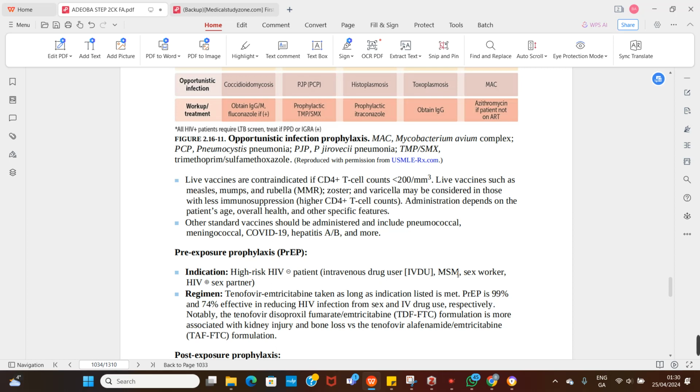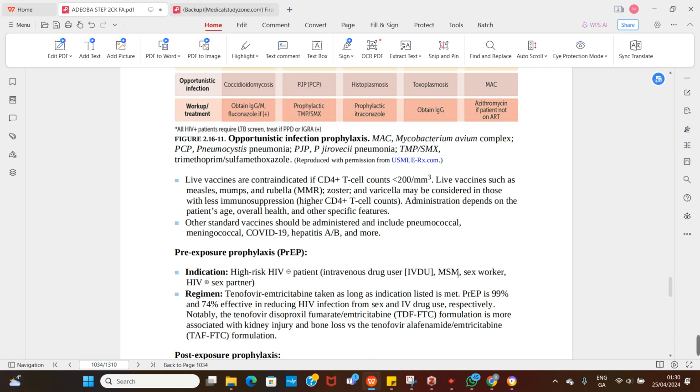So MMR, the Zostavax, the varicella, they are the common live vaccines that you might want to give someone with HIV, but don't give them once it is less than 200. But if it's higher than 200, you might consider it depending on the patient's health needs and the age. So that's how you can use your discretion to give those.